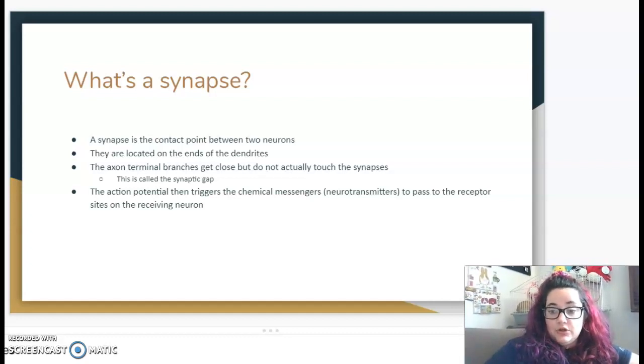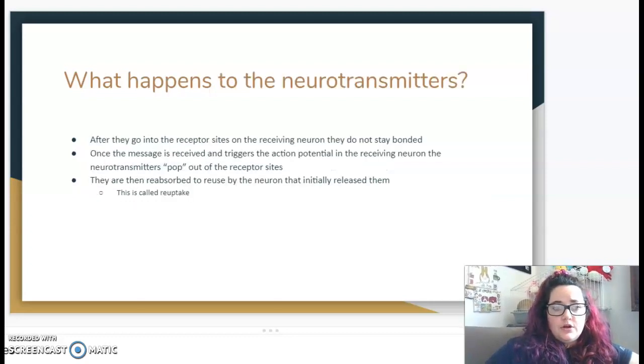The action potential in the sending neuron triggers the chemical messengers, which are neurotransmitters, to pass to the receptor sites on the receiving neuron. So what happens to neurotransmitters after this process has occurred?